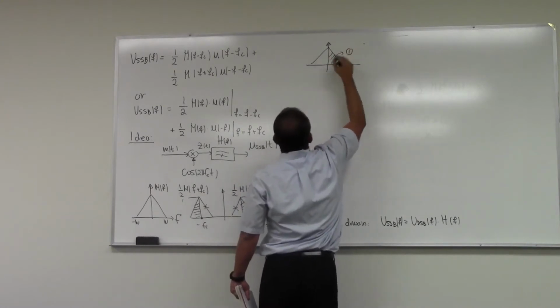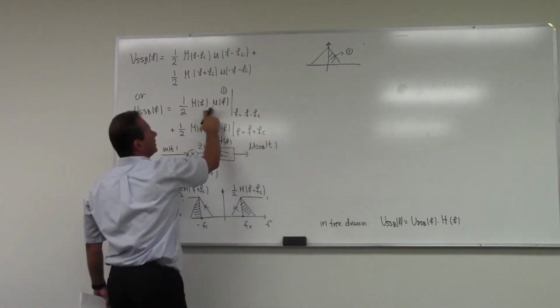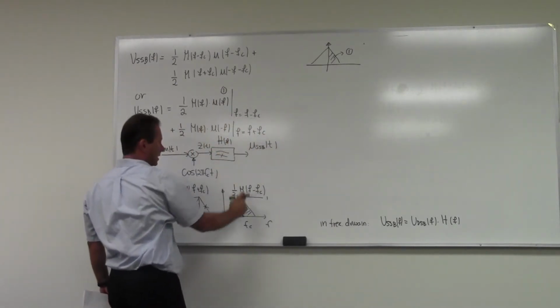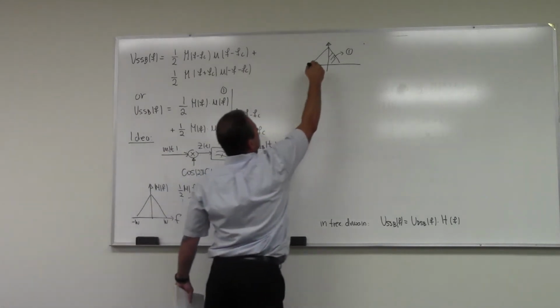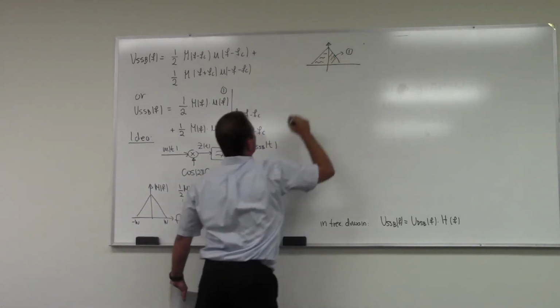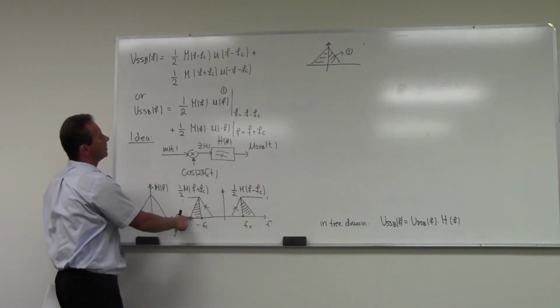So this is coming from the first equation here. And what this says is, filter this part and then translate it here. What this equation says, filter this part and translate it over here, which is exactly what needs to happen.